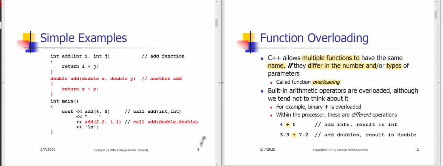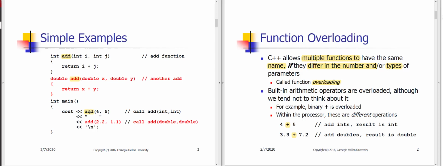Here on slide 3, we have a couple of examples of overloaded functions, namely these two different versions of the add function. In main, we're calling add a couple of different places. In one instance, add is being called with two int arguments, and you'll notice if you look at these two different definitions of add that one takes int arguments and the other takes double arguments.